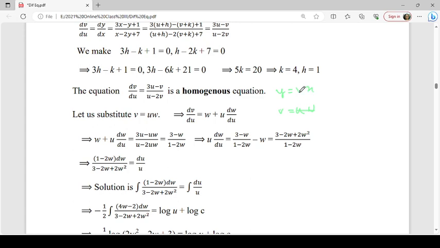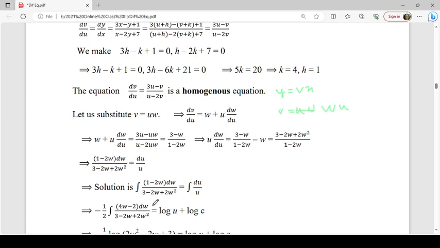In the previous form it is v, and in our new form it is w, and in place of x we write u, and in place of y we write v. So that is why we will have this as a function of w.